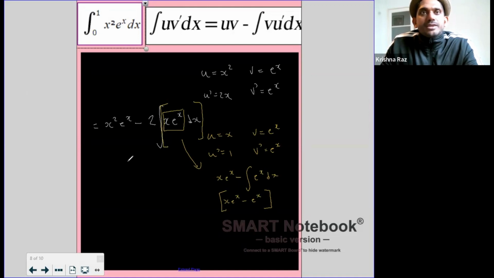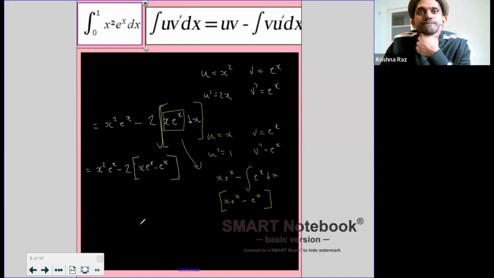So when I substitute back in, we have the integral of x squared e to the x is x squared e to the x minus 2 of everything in the yellow brackets. So x e to the x minus e to the x. We might as well expand it and simplify.